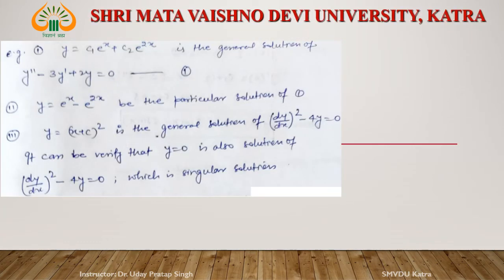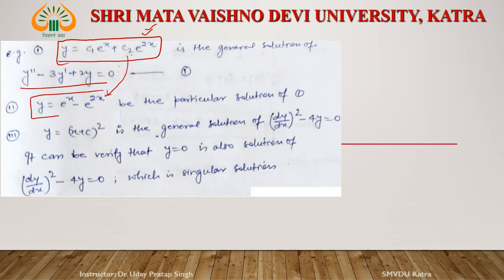Now see, y is equal to c1 e to the power x plus c2 e to the power 2x is the solution of the differential equation. It is a general solution since the number of arbitrary constants and the order of the differential equation are the same. If we put c1 equal to 1, c2 equal to minus 1, then these solutions become this one, and since c1 is 1 and c2 is minus 1, this general solution becomes a particular solution.